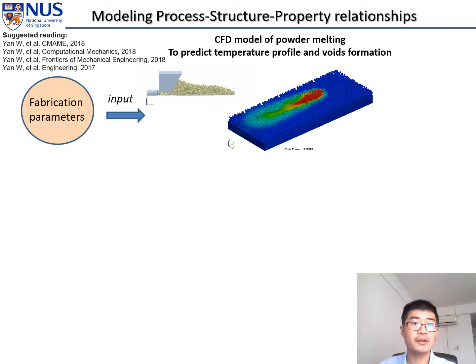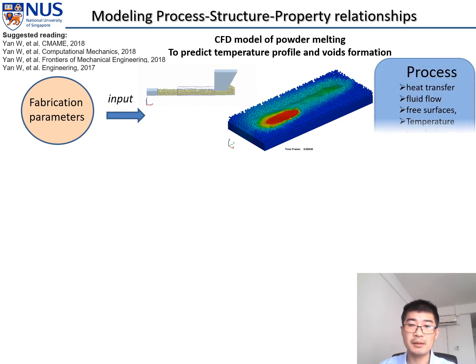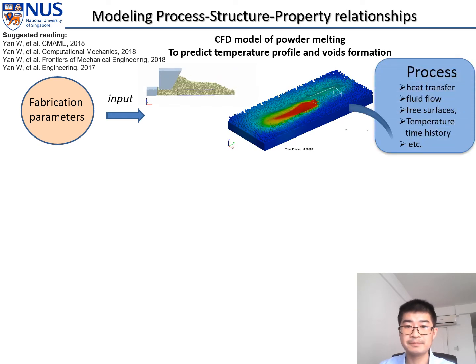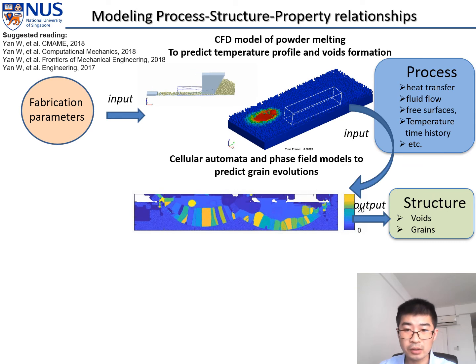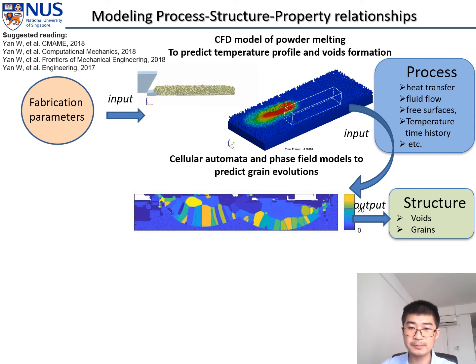So when we get fabrication parameters, we input them into the powder spreading and melting models to predict the temperature profile and void formation. And then we input the temperature profile and voids into a grain growth model to simulate the grain evolution.